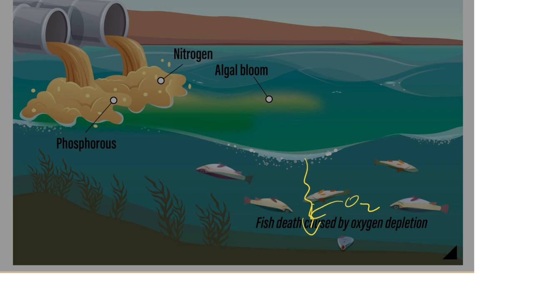So yeah, algae produces oxygen, gives it to the air and the water, but when it dies, because there's so much of it, it sits on the bottom and decomposes, and that takes the oxygen out of the water, and fish die because they don't have enough oxygen dissolved in the water to breathe.